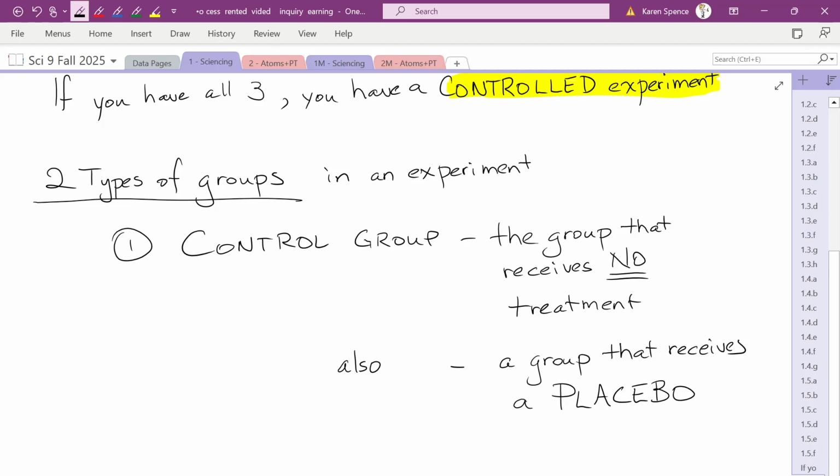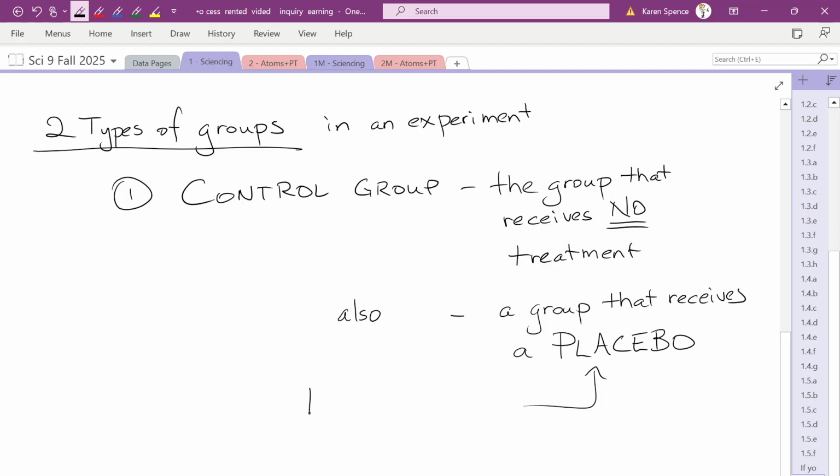All right. So the placebo is a fake treatment. You might have a group of people in this medication trial where some people get nothing.